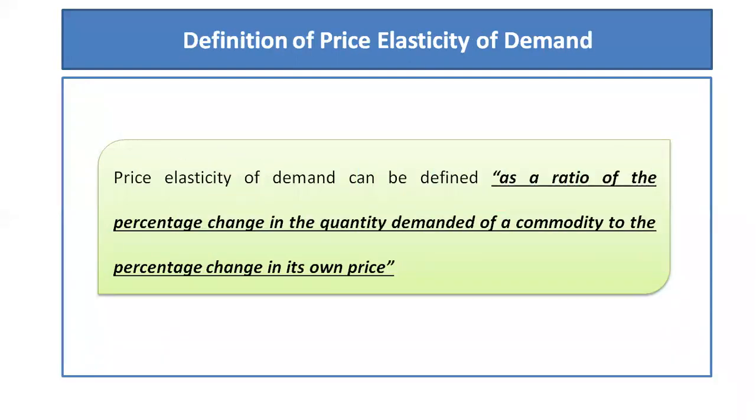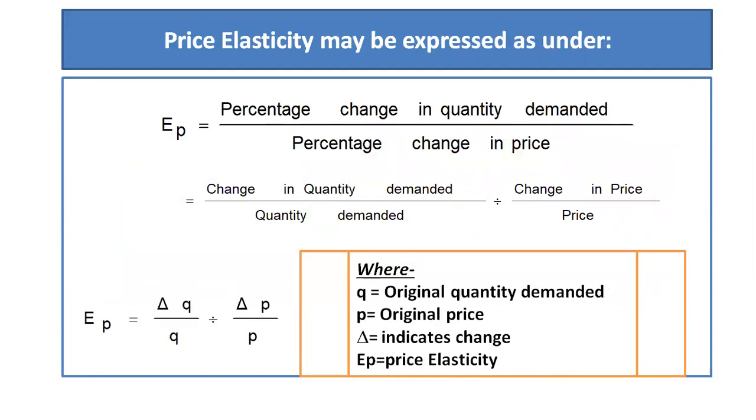Let us see the definition of price elasticity of demand. Price elasticity of demand can be defined as a ratio of the percentage change in quantity demanded of a commodity to the percentage change in its own price. Now, what does this mean? It may also be expressed as EP equals percentage change in quantity demanded upon percentage change in price.